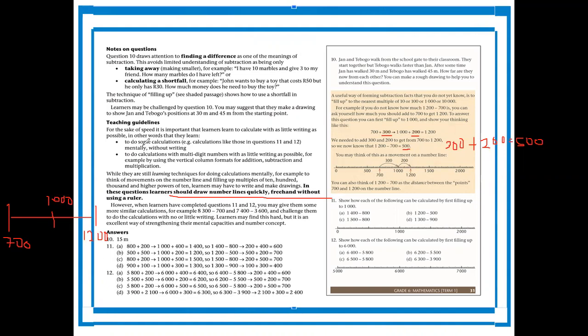And then we could do our little jumps from 700 to 1,000, adding 300, and then adding another 200. And then you would add up these purple parts, 300 plus 200, to give us 500.